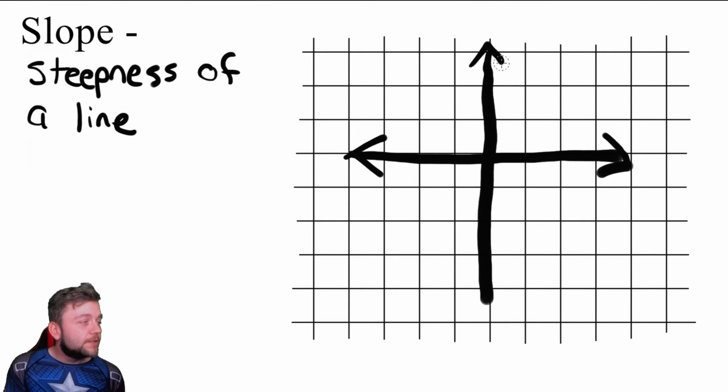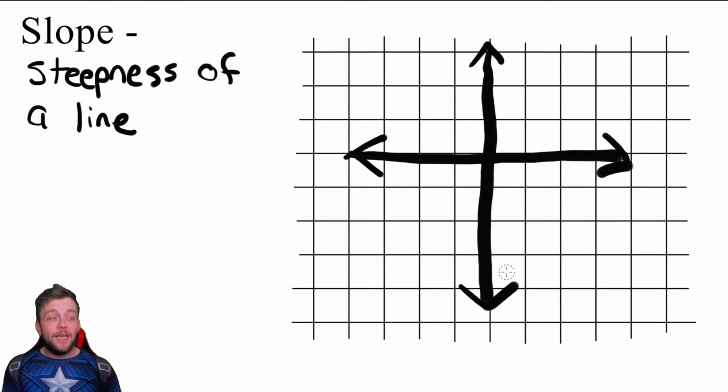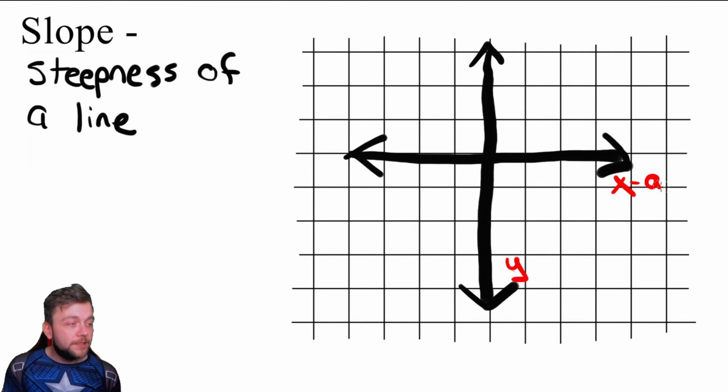If you remember from yesterday, our vertical line is our y, and our horizontal line is the x. So this is the x-axis and the y-axis.